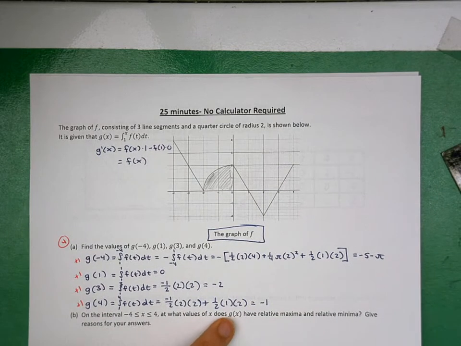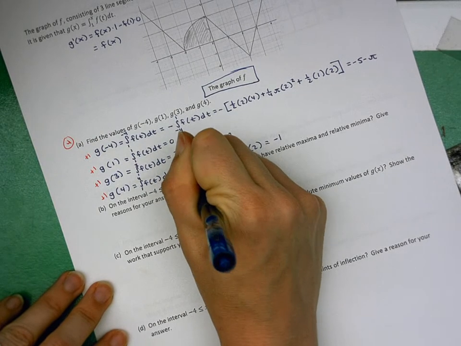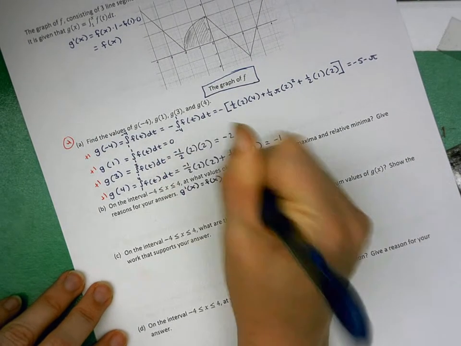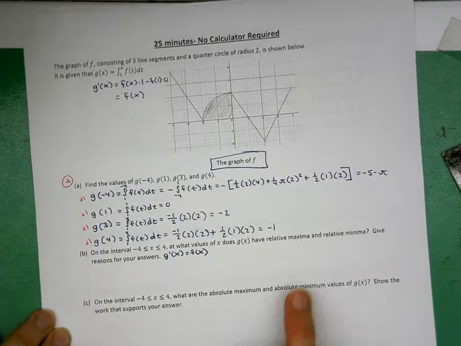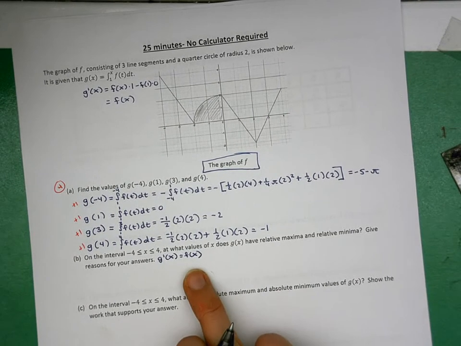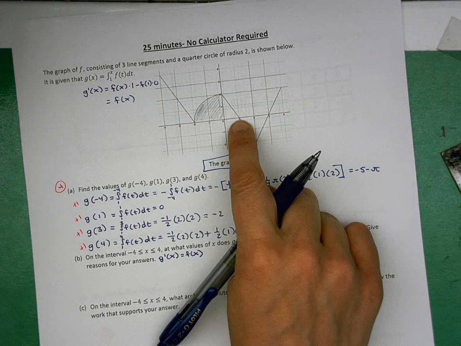All right, well, the first derivative of g is f of x. Okay, and so then where does your maxima occur? Well, it occurs when your first derivative changes from positive to negative, which is where? Okay, well, our first derivative here changes from positive to negative at 1.